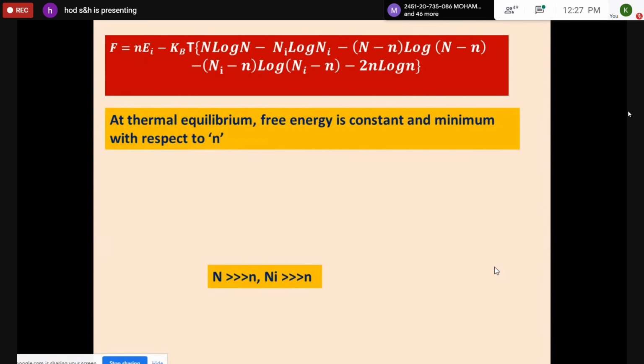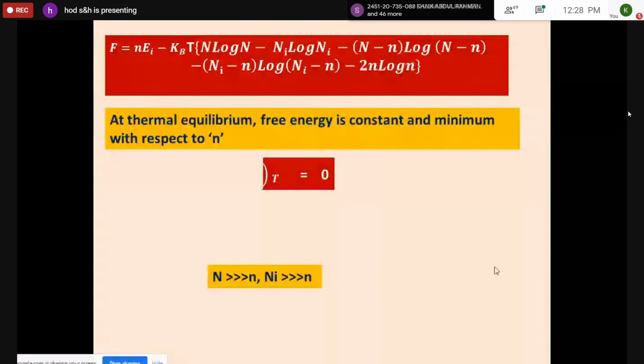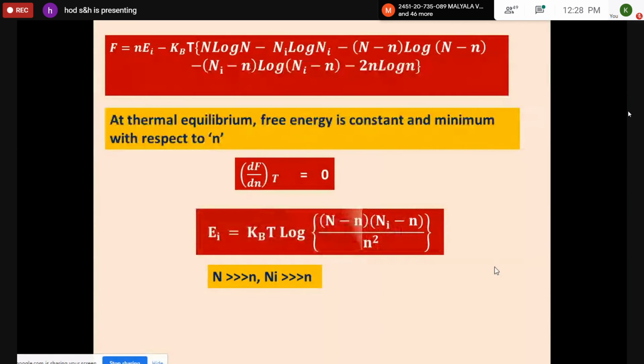Then at thermal equilibrium, the free energy is constant and a minimum with respect to n, that is dF by dn at constant T is equal to 0. Now you should differentiate the above expression. The differentiation of n Ei gives only Ei, then Kb T is common. The differentiation of capital N log N with respect to small n is 0, and similarly the differentiation of Ni log Ni is also 0.